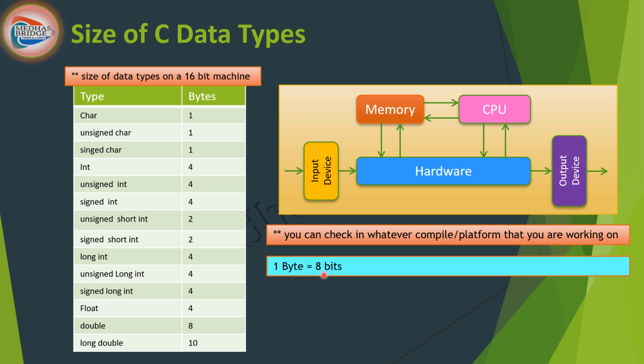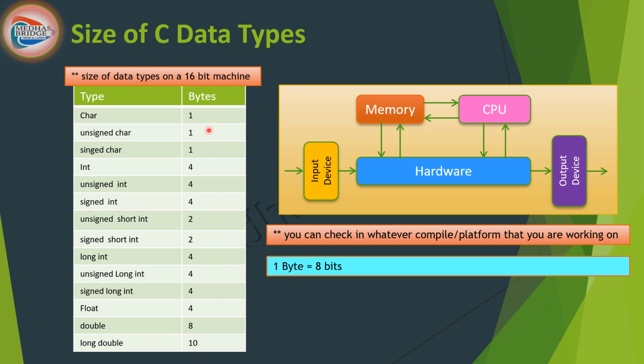Okay, so char means 1 byte, unsigned char is 1, signed char 1, int 4 bytes, unsigned int 4 bytes, signed int 4, unsigned short int 2, signed short int 2, long int 4, unsigned long int, signed long int, and float is 4. Double means 8, long double is 10 bytes.